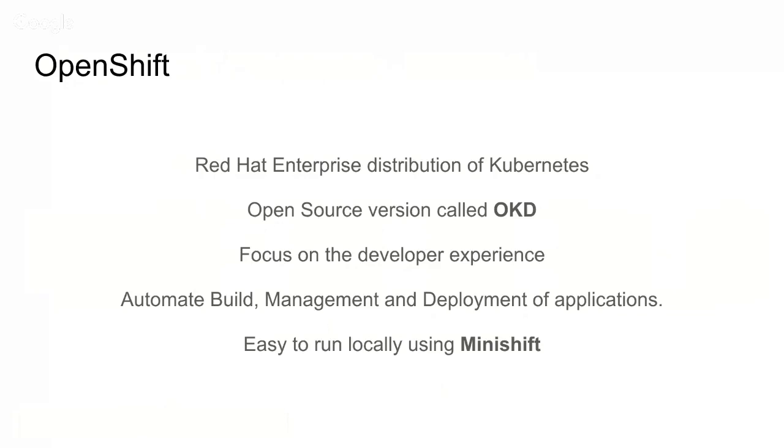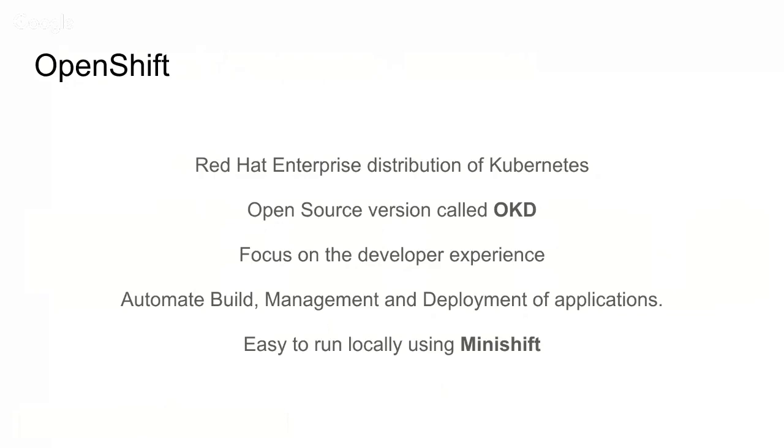Kubernetes is a system that allows you to manage and orchestrate containers. The open source version of OpenShift is called OKD. So if you look online and you want to try OpenShift on your local machine, you can download OKD.